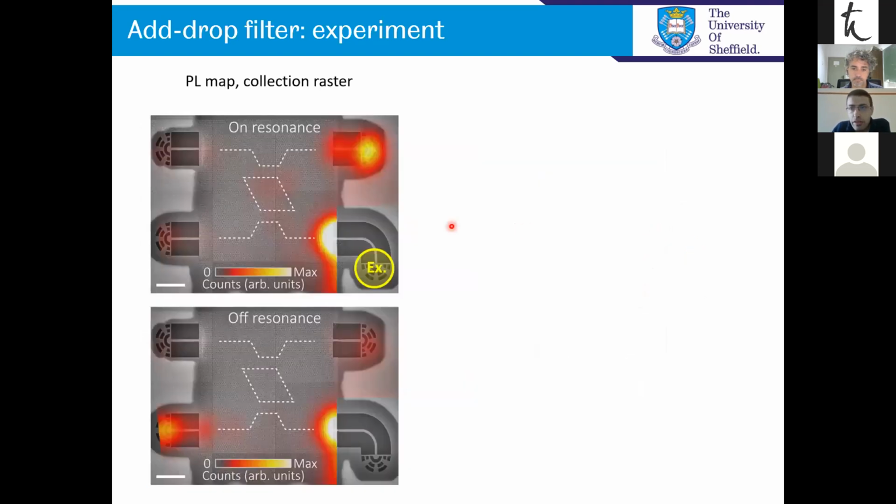If we first look where we once more keep exciting in this bottom outcoupler, and we look on resonance, we scan our collection spot across the device, and we see that, as expected, most of the light comes from the drop port, whereas off resonance, most of the light comes from the through port. There is a little bit of scatter, but not very much, which is a good indication that the device isn't heavily lossy due to scattering from above the resonator or from above the waveguides.